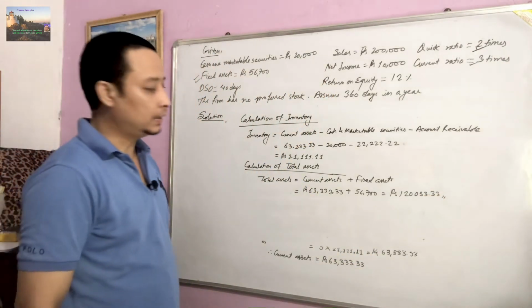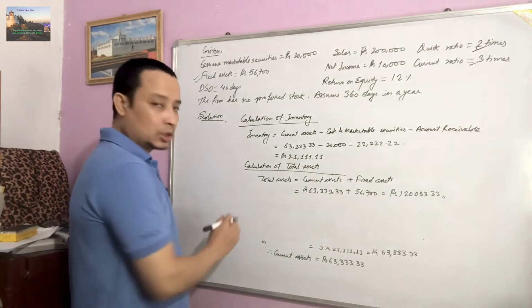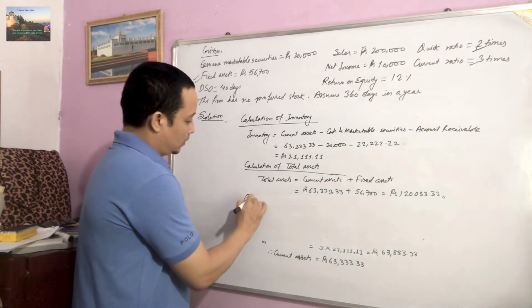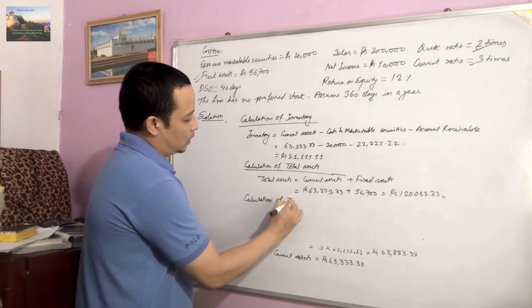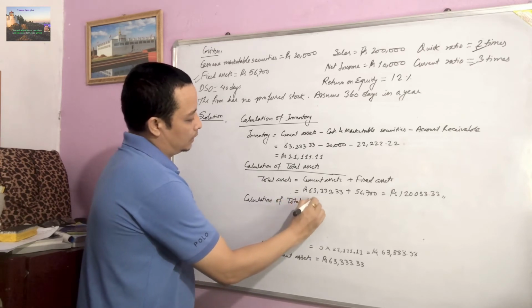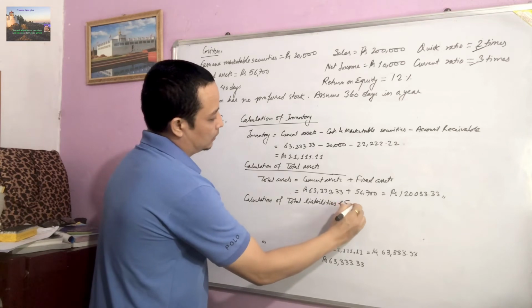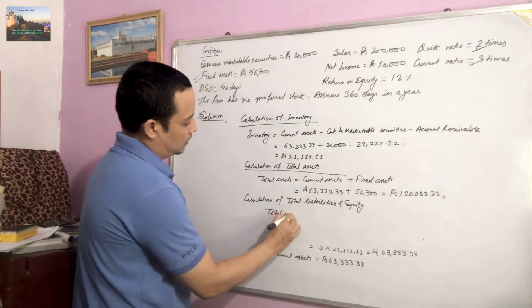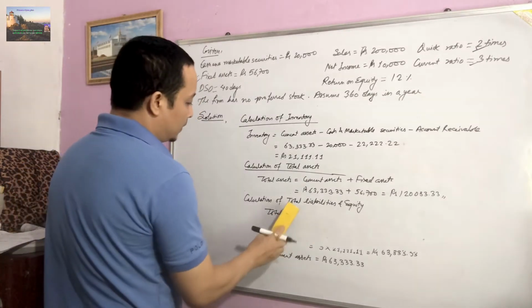Now after finding the total asset, you know the total liabilities and equity, because total asset is equal to total liability and equity. So here, calculation of total liabilities and equity.